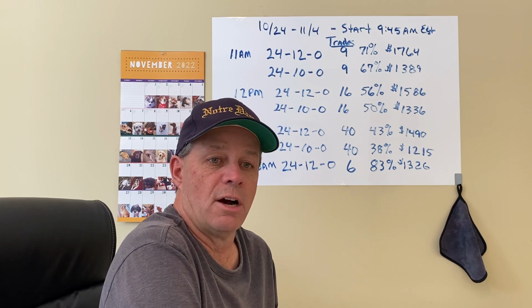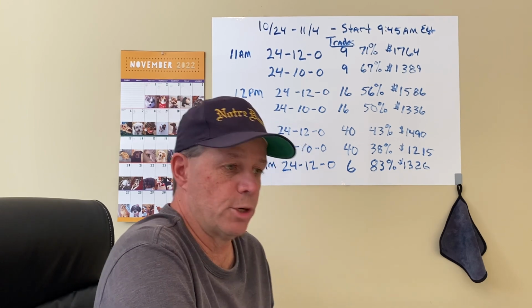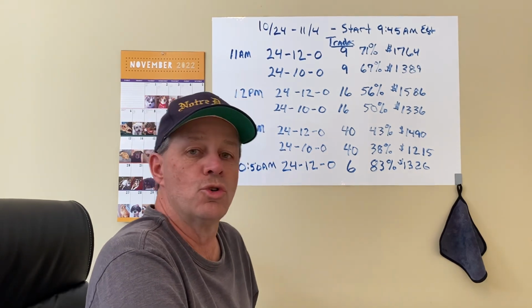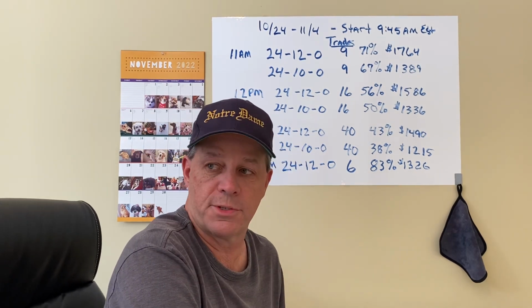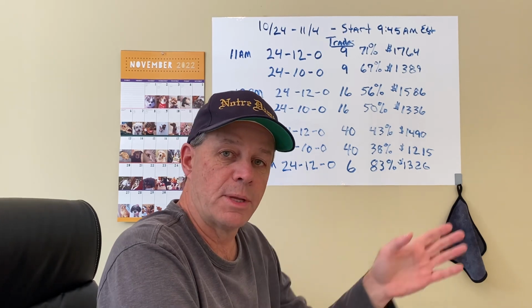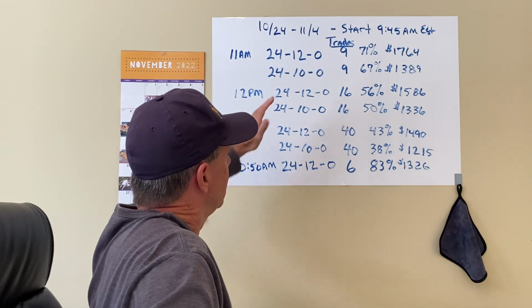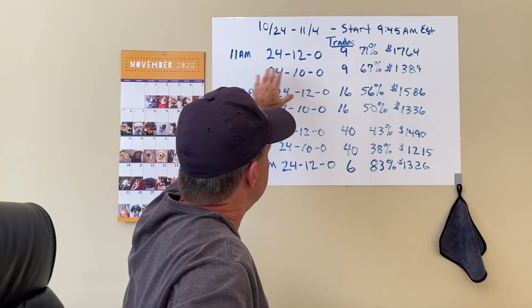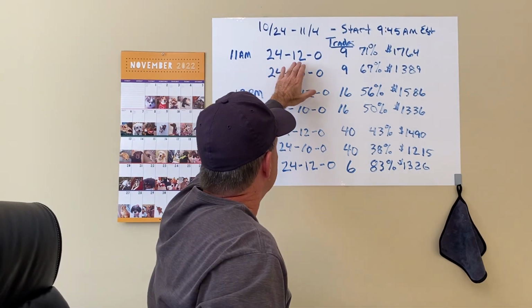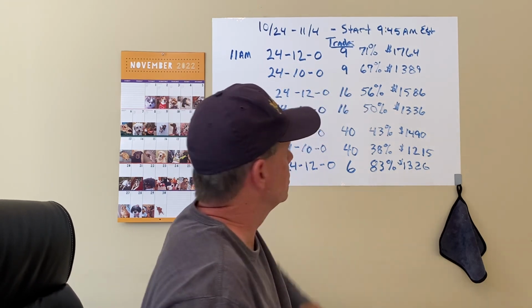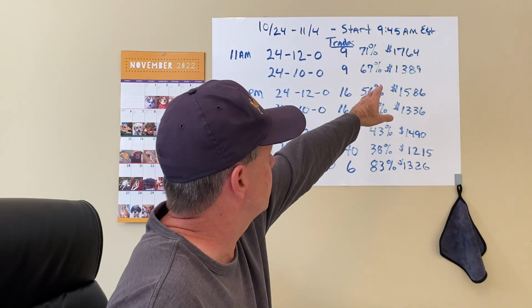Usually when you're playing off that gold line on the 5-minute chart, I've told you guys this before, those are normally bigger moves in general than playing off the 1-minute chart. And the difference between a 12-tick stop and a 10-tick stop was pretty significant.